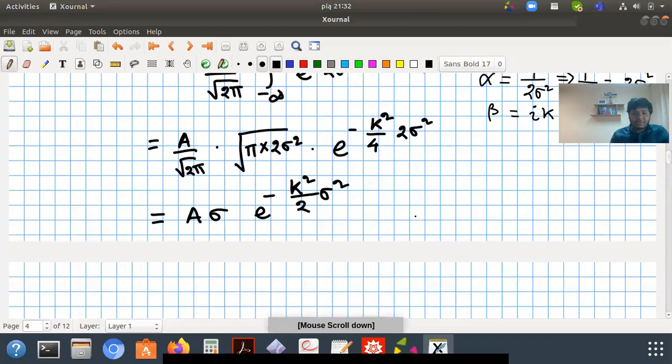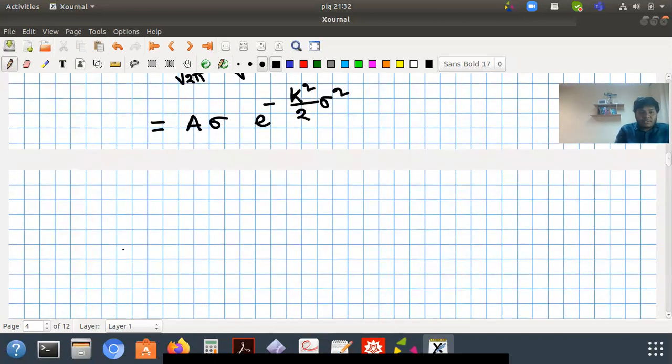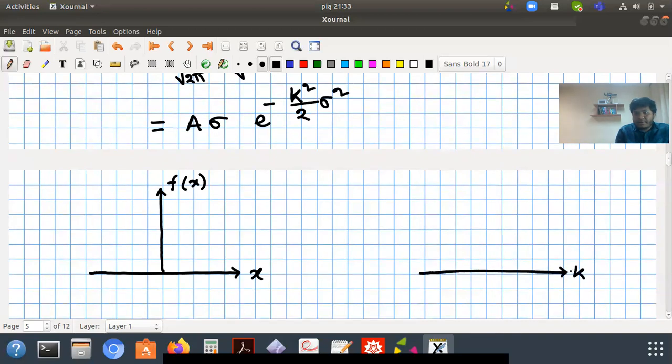But what will change here? Let me just once again draw for you. In this one, I want to draw f of x, and at the same time, I want to draw f of k. So what is the function?